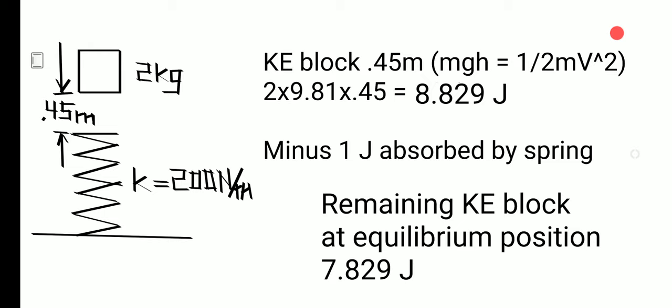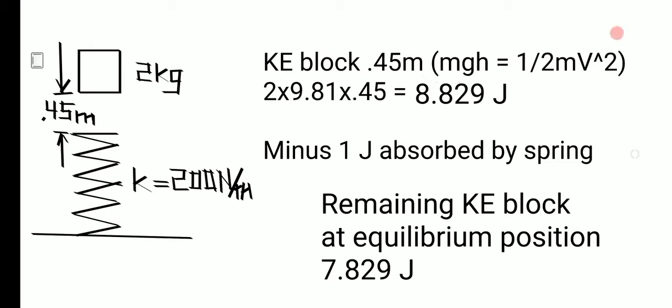Okay, so the next thing, we have to find the kinetic energy of the block. Now you could do a dynamic analysis, the one-dimensional motion with acceleration, but it's easier than that. You just realize that since you're falling in a gravity situation, you just use mgh, which is basically your change in potential energy, and that's going to equal your kinetic energy.